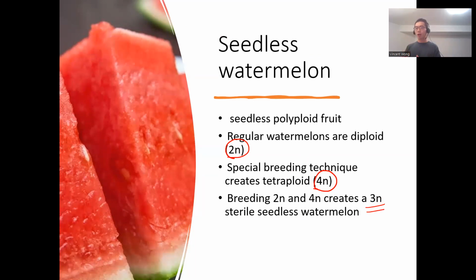Okay? Remember, if you have odd number of chromosome sets, it's sterile, right? You're not going to have any seeds. You're not going to be able to produce any gametes, and that's what the seeds are, right? The seeds are essentially what allows the plant to propagate. And if you're not able to do that, then it becomes seedless.